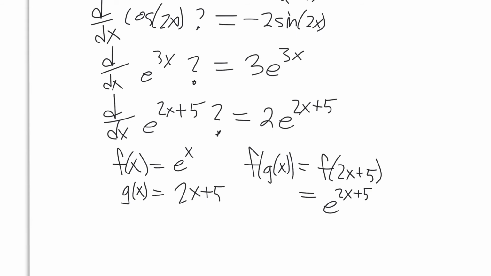So the function e to the 2x plus 5 is really two functions. It's an e function and a 2x plus 5 function that have been composed with one another. So when we do the derivative, both of these need to have a derivative done to them. But they happen in a certain way, and we'll look at this more as we go through some examples.